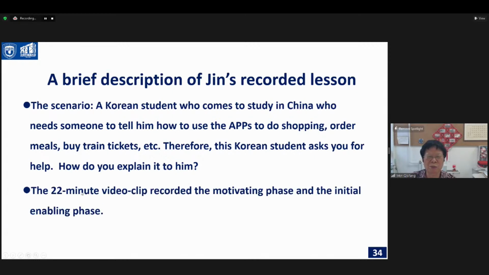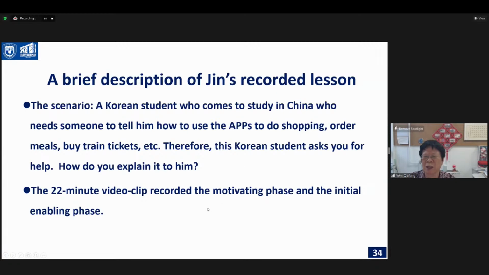Now, the 22-minute video clip has been recorded, the initial part of the POA, not the whole lesson, just 22 minutes. And one thing I would like to add, these students enter the university with zero knowledge of Korean.